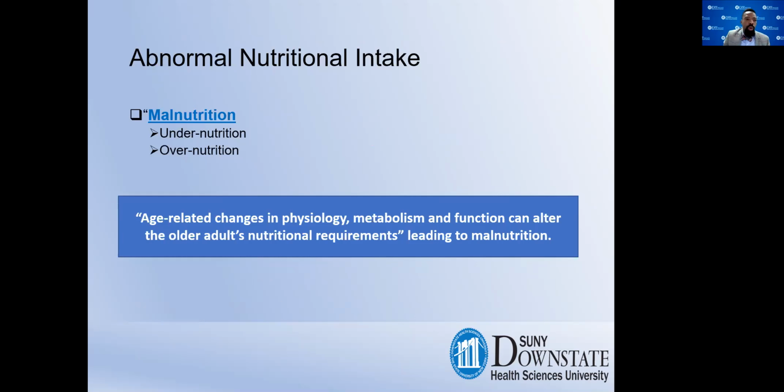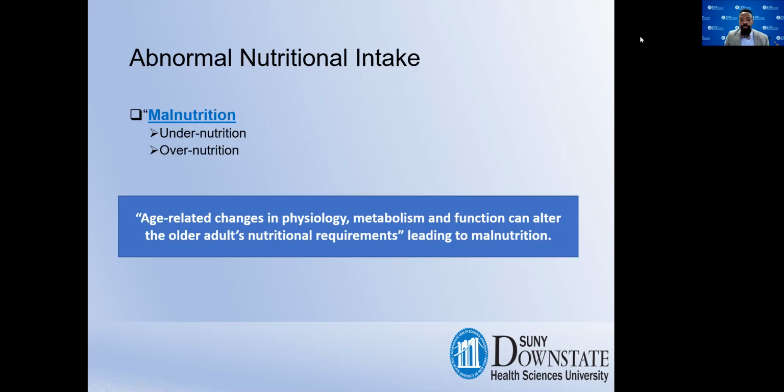So what is abnormal nutrition? Nutrition is whatever we eat to keep the body healthy, to promote good health, and to sustain life, right? So abnormal nutrition ranges from one extreme, which is undernutrition, to another extreme, which is excess nutrition or overnutrition, overeating. This is also important.